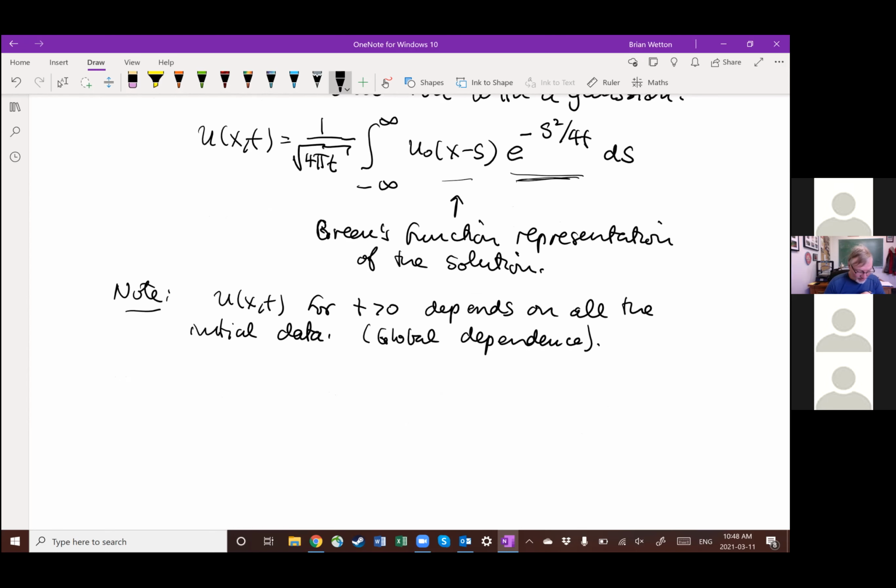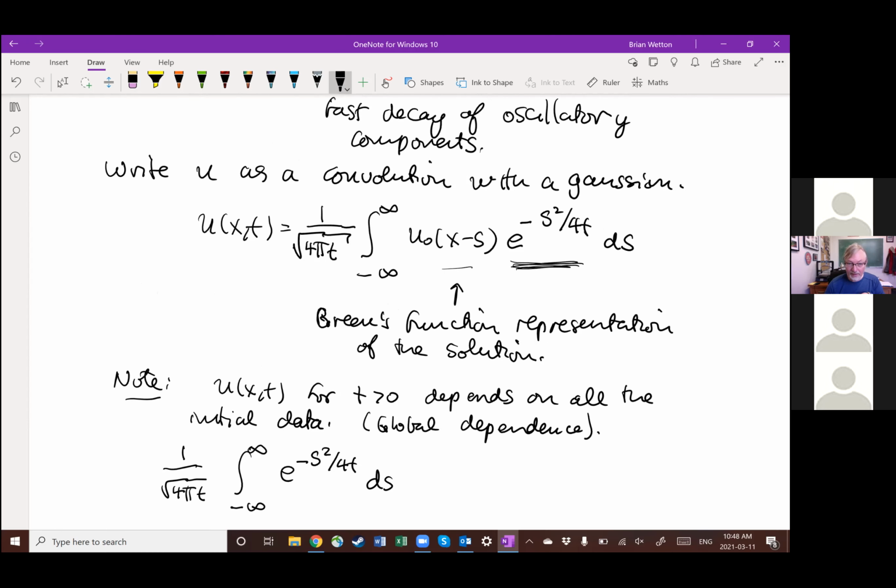What are some other interesting things? Well, if I look at this Green's function, this is the thing I'm doing the weighted average of the initial conditions with, right? Initial conditions closer to x, that's where s is small, right?